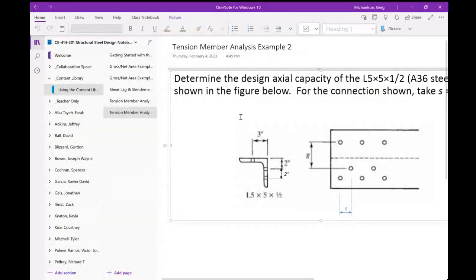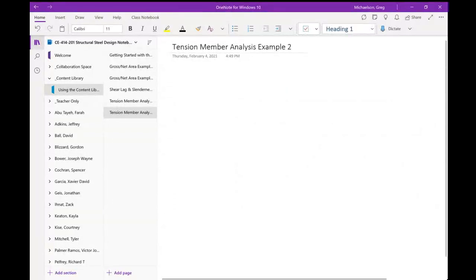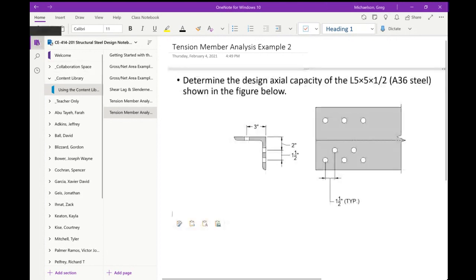All right, I also changed this example up a bit, so bear with me for a sec. I'm gonna screen cap this and put this in the slide. Okay, that's a little better.